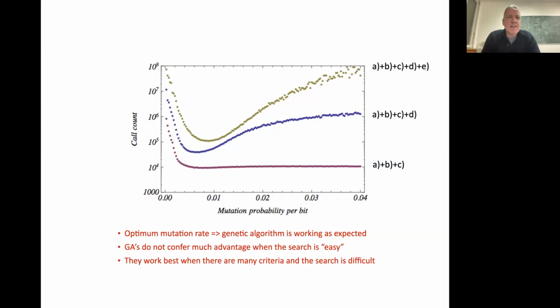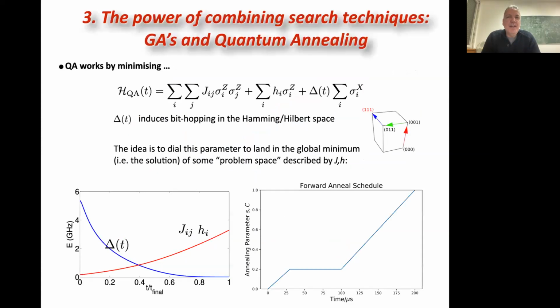Right, so now I'm going to get on to quantum annealing finally. What we want to do is improve this technique by introducing quantum annealing. So I'm going to give you a lightning introduction of quantum annealing. I'm assuming that you know what quantum annealing is, judging by the name of this network. So this is a 1-slide introduction.